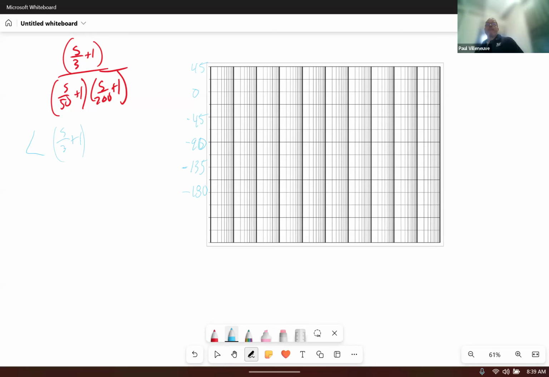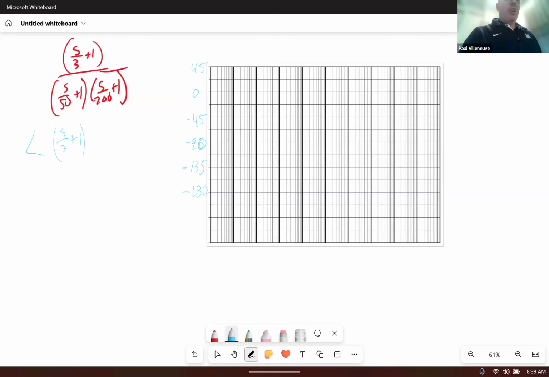That would technically be 360, right? But the concept of it is if I have 2 poles, I have a possibility of actually going to minus 180. But because I have 2 poles and 1 zero, I technically only go to minus 90. But we'll start out with that, and then we'll see how cluttery it gets.